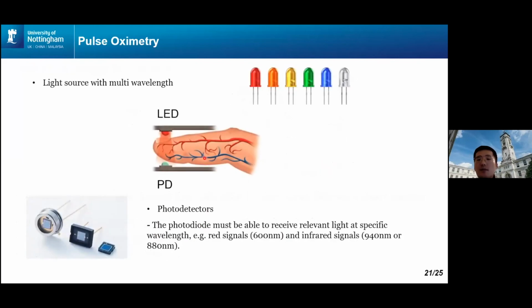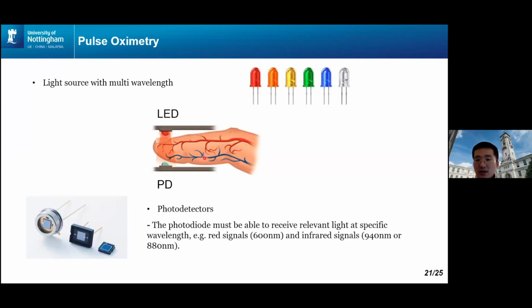Based on the principle, we can make our own pulse oximeter by choosing proper light sources and photodetectors. The photodiode must be able to receive the relevant light at that specific wavelength. For example, the red signal at around 600 nanometers, and the infrared, someone uses 940, someone uses 880.